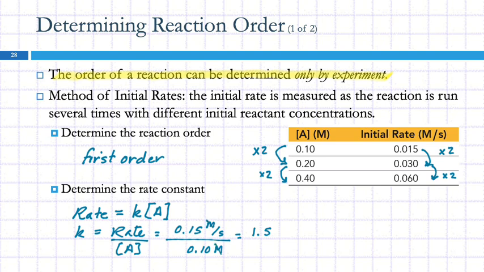Well, molarity cancels, and we end up with 1 over second, or per second. So that could be written that way, or 1.5 s to the minus 1, or 1.5 over seconds. And I'm thinking my 5 there looks an awful lot like an s. There.